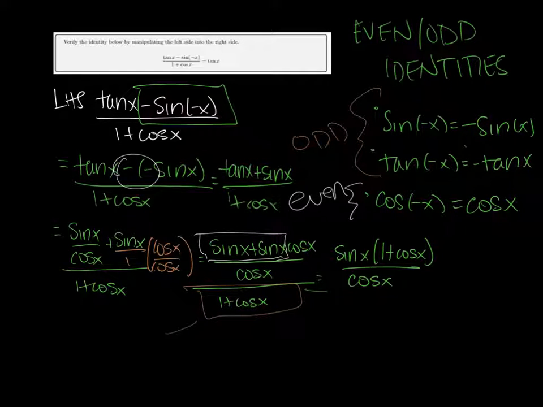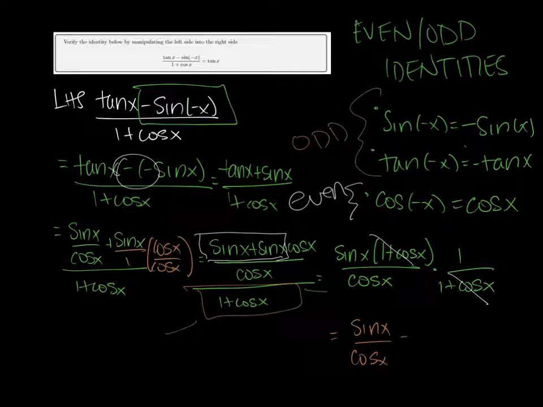Sorry, 1 plus cosine x. So when I do that division, I actually can multiply this by 1 over 1 plus cosine x, which sets it up very nicely for you to see that these two values cancel. I am then left with sine x divided by cosine x, which is our old friend tangent x, which is the right-hand side of my identity.